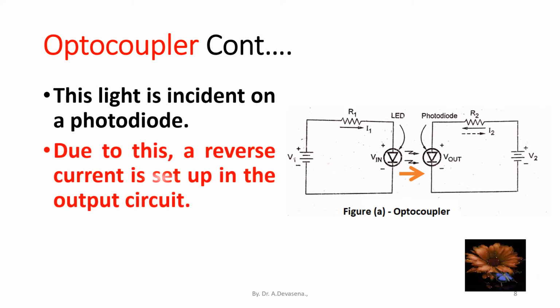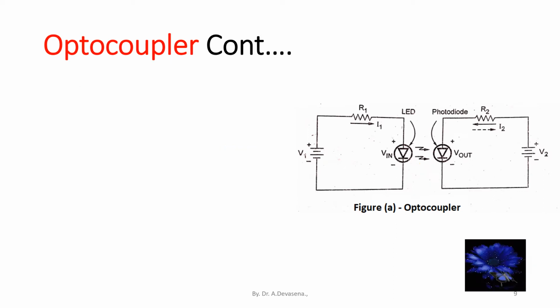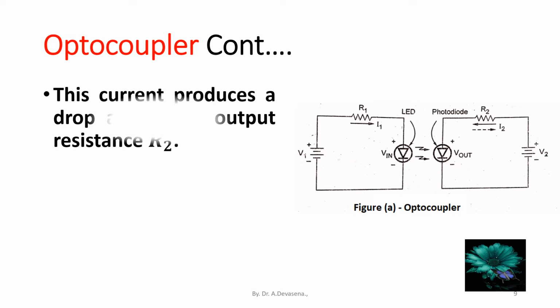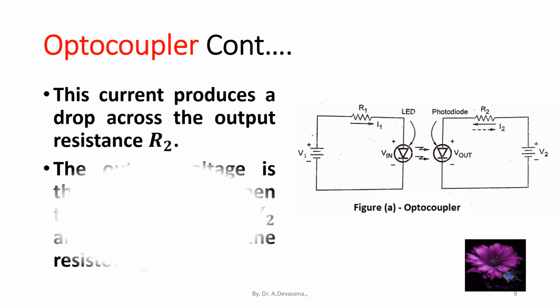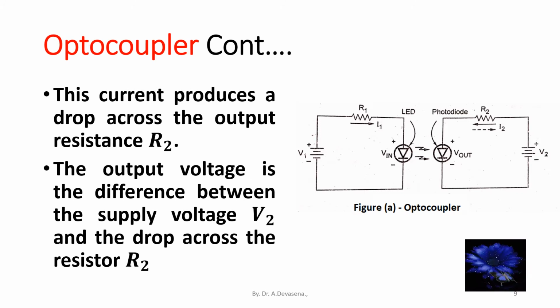Due to this, a reverse current is set up in the output circuit. This current produces a drop across the output resistance R2. The output voltage is the difference between the supply voltage V2 and the drop across the resistor R2.